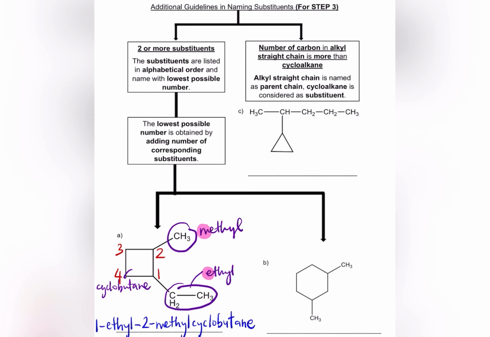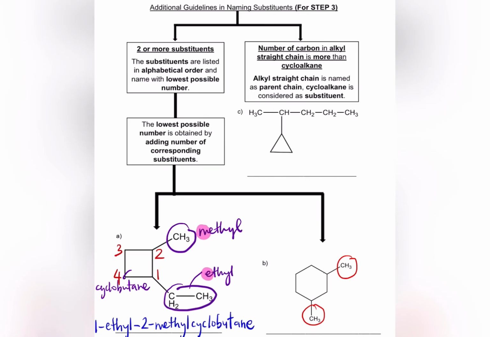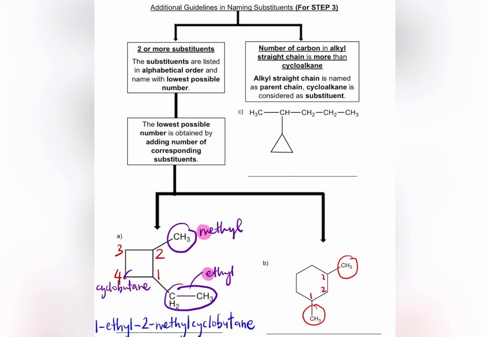My substituent is a methyl group here, so I'm going to give the numbering. I can start from here, 1, 2, 3, 4, 5, 6, anti-clockwise. Or I can also start from this numbering, 1, 2, 3, 4, 5, 6.